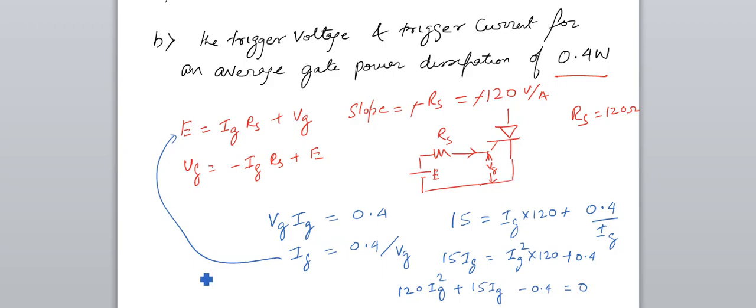If you put this value and calculate for Ig, you will get two values of Ig, that is 86.4 milliampere and 38.5 milliampere. So these two are the current values. You just put these current values in the Vg equation, so you will get the corresponding Vg, and that is 4.62 volt and 10.38 volt.